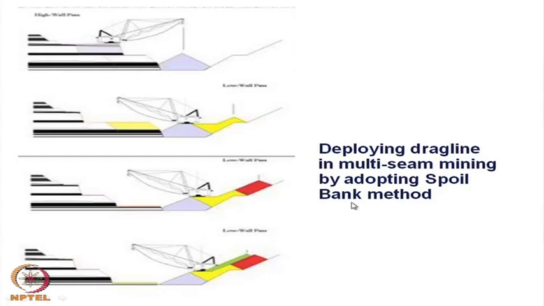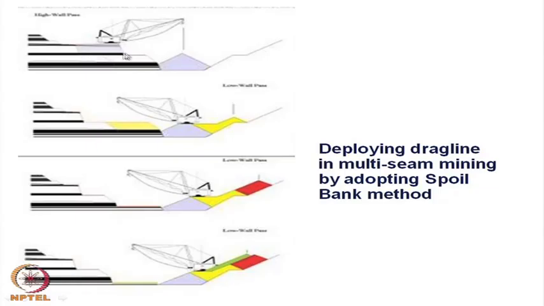You can see here in the diagram, we have got two seams, this is one seam and below that there is another seam. Now, we have got to remove this material. You can see that this dragline first removes this overburden and places it over here, and then when this overburden is removed, this coal seam is exposed.